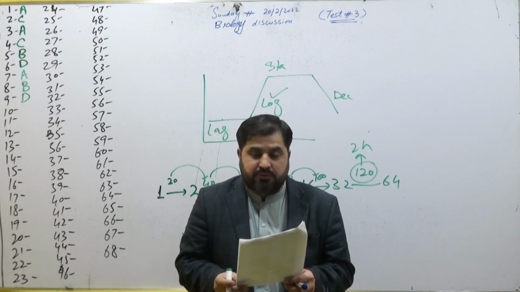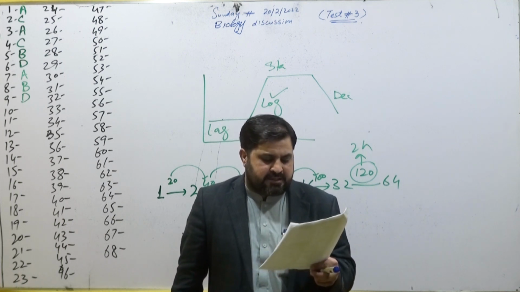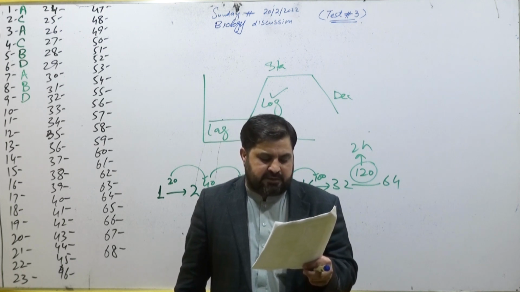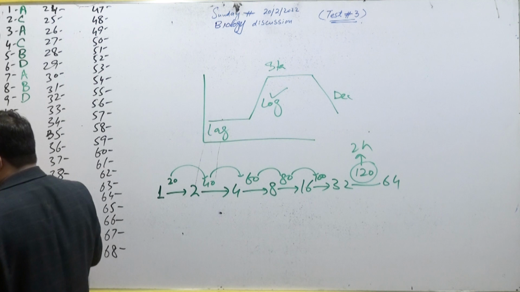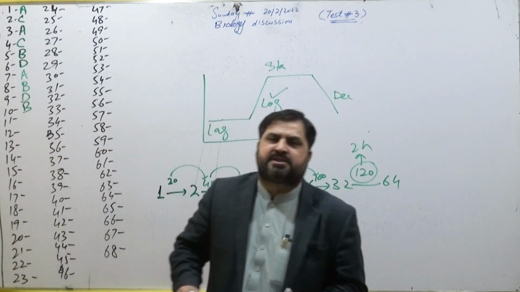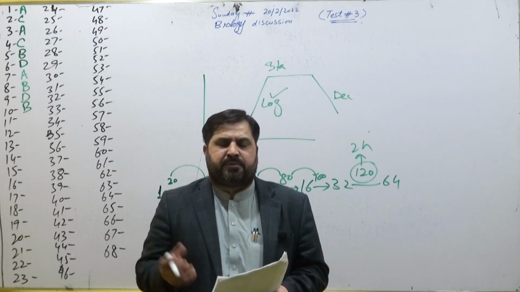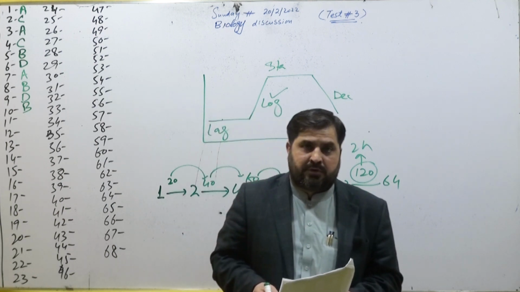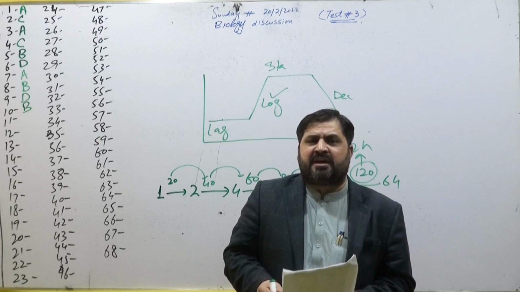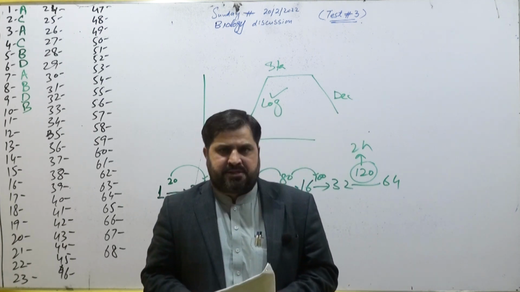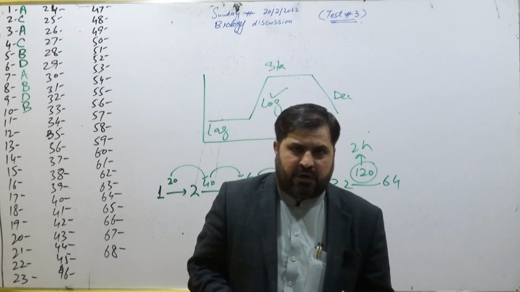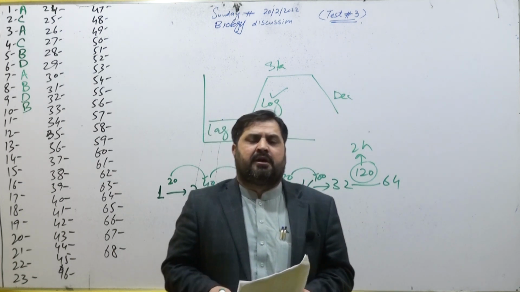Coming toward the next MCQ, number 10: golden rice, a genetically modified plant made by using Agrobacterium-mediated modification. Golden rice is a genetically modified crop, and it has a golden color. It is full of beta carotene, and the human body has the ability to convert it into two molecules of vitamin A, which is called retinol.